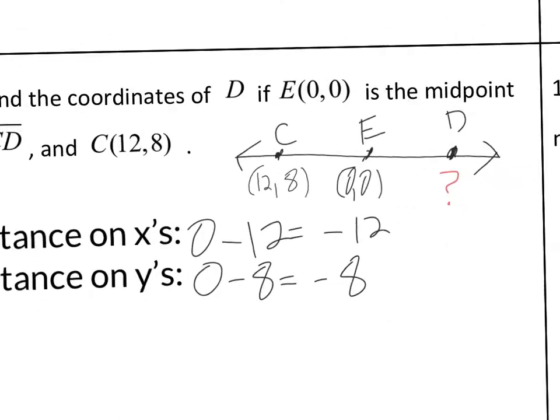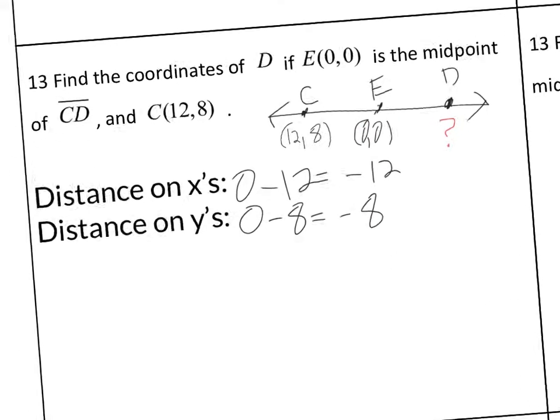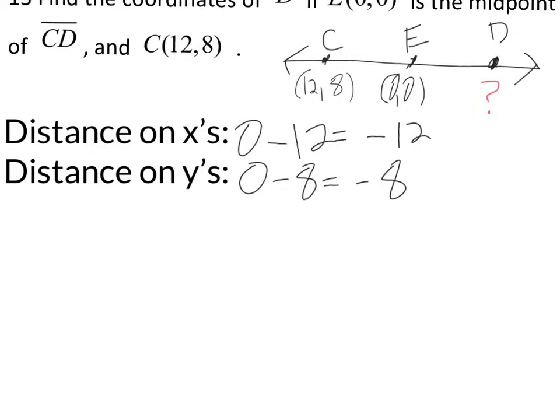Okay? So all I need to do is, I'm going from C to E and from E to D. So I need to travel backwards 12 units on the x's from E and backwards 8 units on the y's from E. So all I do is take the x-coordinate of E, 0, minus 12, or if it was positive I would plus 12. So that's going to be negative 12.